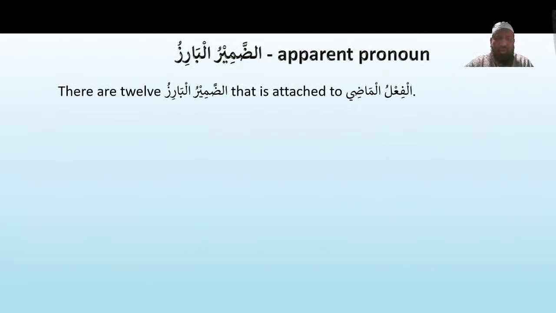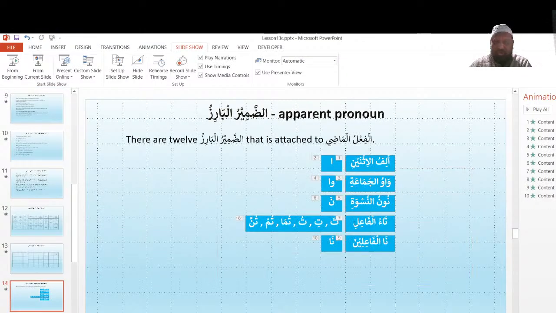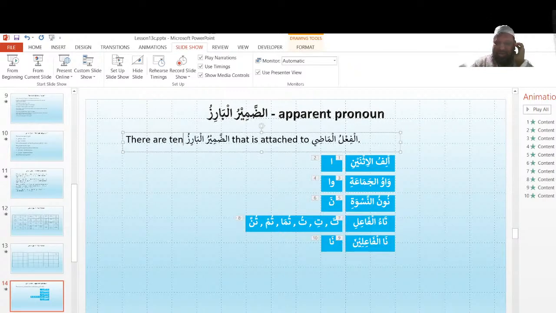So let's start with ad-damirul barizu, apparent pronoun. There are 10, not 12. Ad-damirul barizu. Sorry, 10, because I was counting the 2 damir mustatir as well.